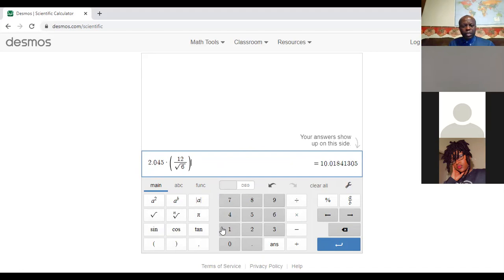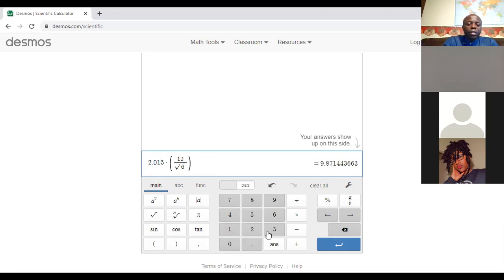Okay, I put 2.015, and I got 9.87. Of course, it's 9.87144843663, but I stop at the second decimal place.